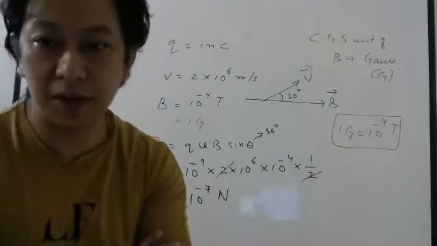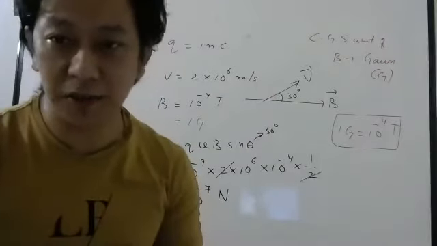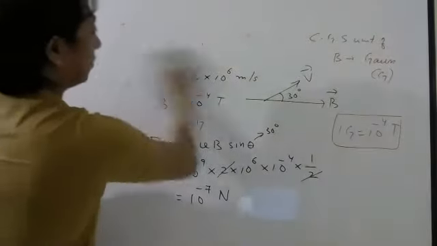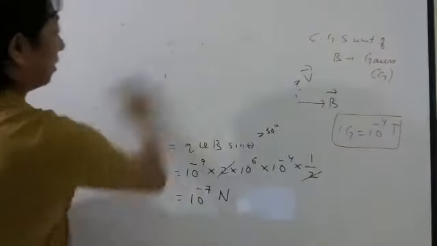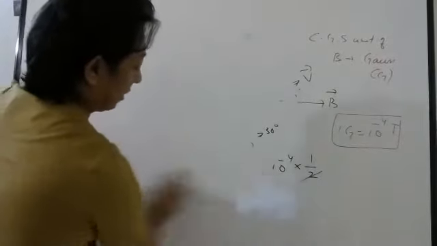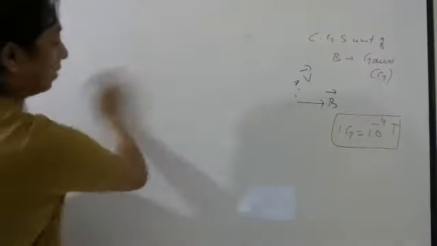Yeah, Fleming's left hand rule we use, or you can also use right hand curl rule. Sanjit, correct only. Whichever you feel comfortable, you use. But for left hand rule, don't use right hand, and for right hand curl rule, don't use left hand. Then you will get the opposite answer.